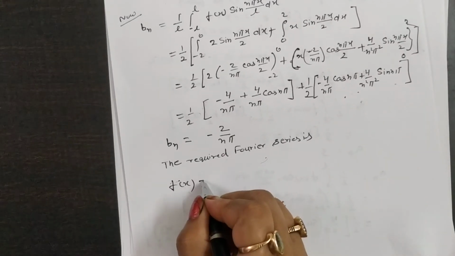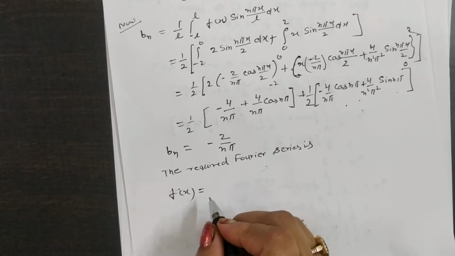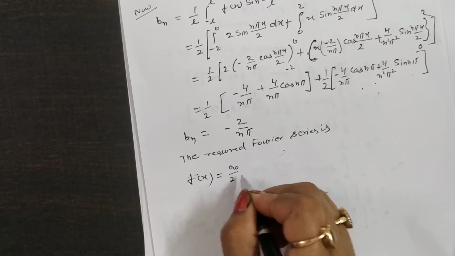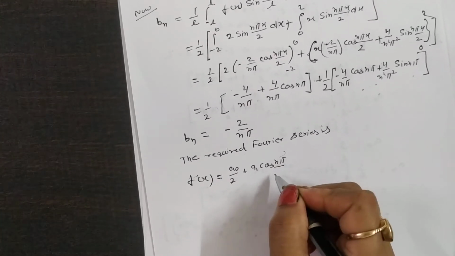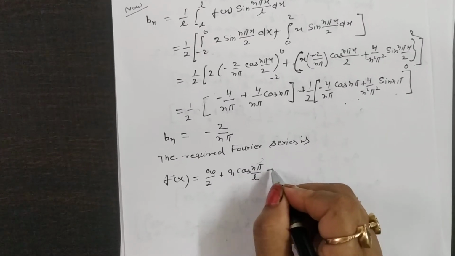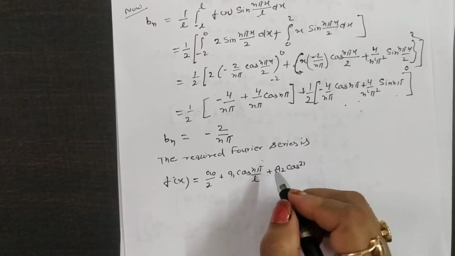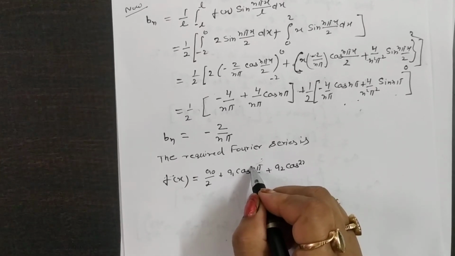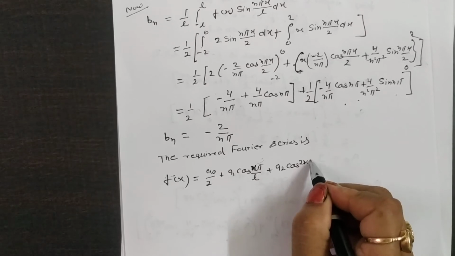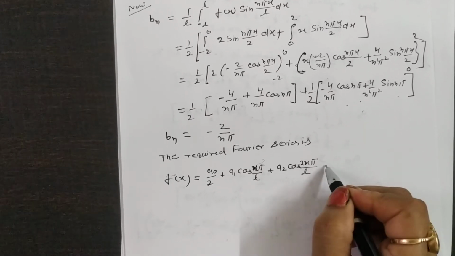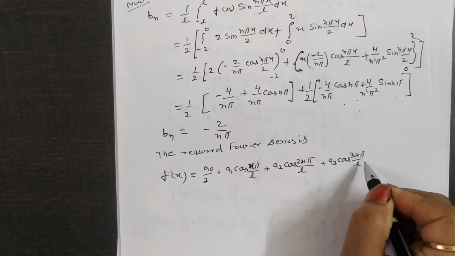F of x is equal to a0 by 2 plus the terms of an and bn. Expanding the series, you get a0 by 2 plus a1 cos pi x by l, and plus a2 cos 2 pi x by l plus a3 cos 3 pi x by l, and so on.